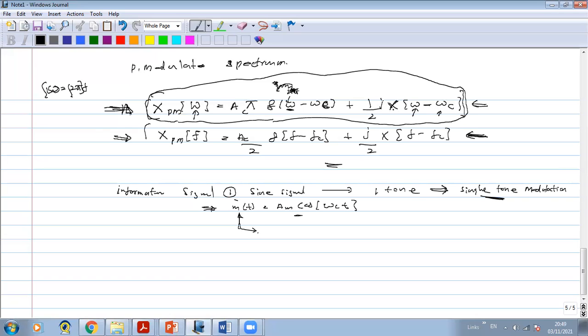So you can derive this term. You only have to derive these terms, because the other terms you already know. The information signal only affects this part, this term, so you have to evaluate only this term to evaluate the frequency spectrum.